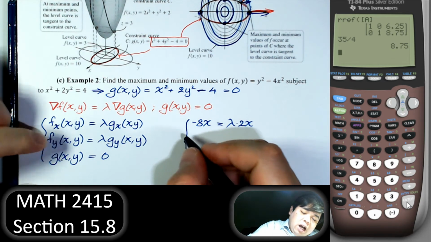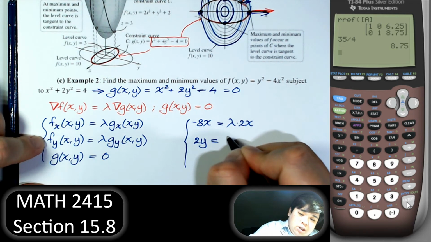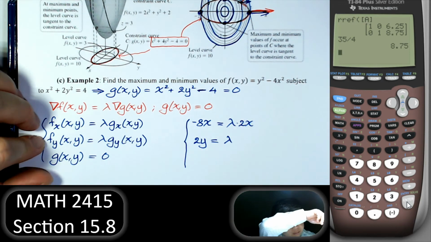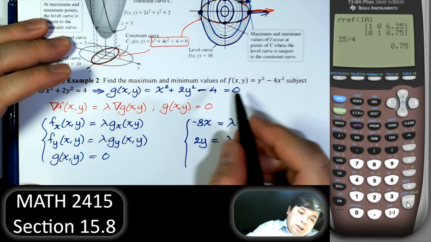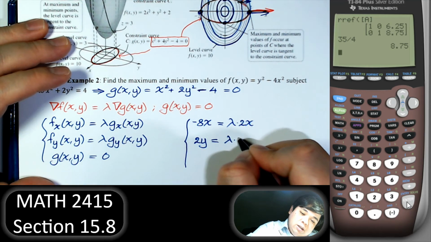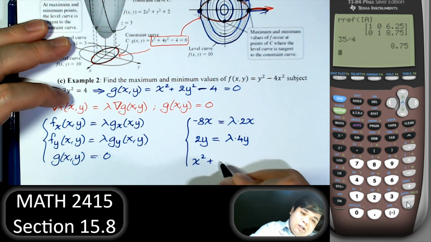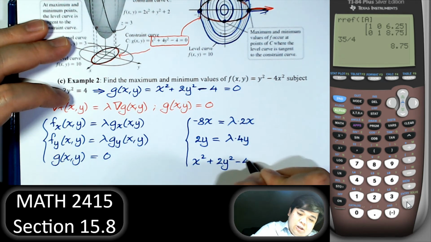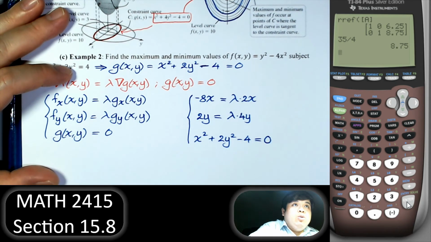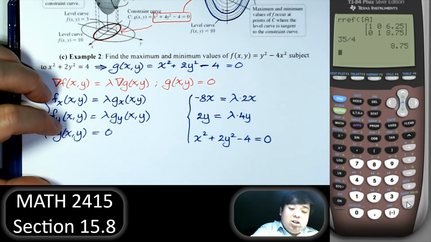And the derivative of f with respect to y, 2y, equal to lambda times the derivative of g with respect to y, for y. And then the constraint itself, equal to 0.